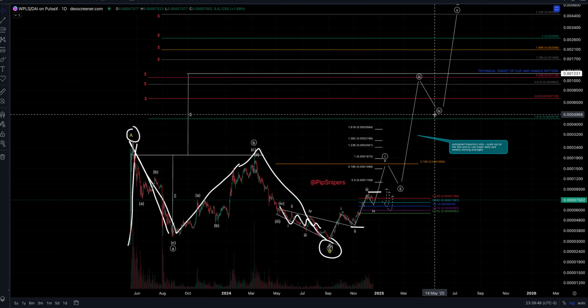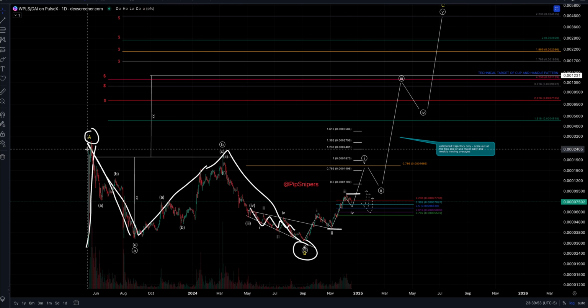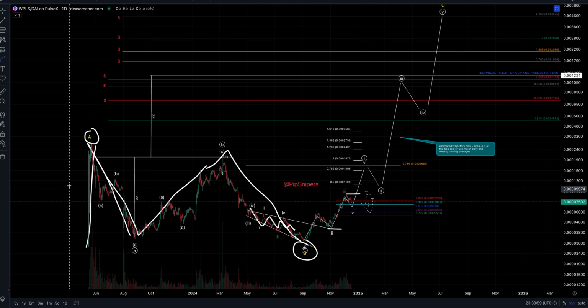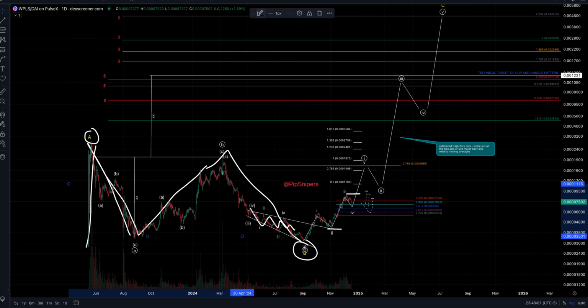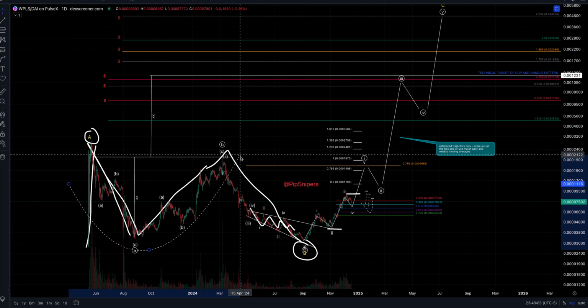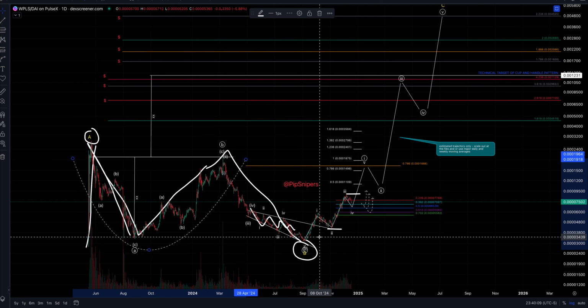Which would likely take us to the technical target of this rounding bottom pattern. So you see this rounding bottom pattern right here? Very similar concept to that of PulseX, and the reason for that is because all of these coins are liquidity bonded, right? This is your cup, this is your handle.